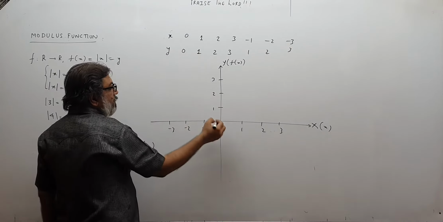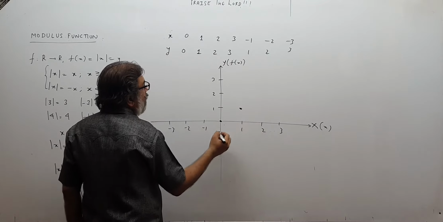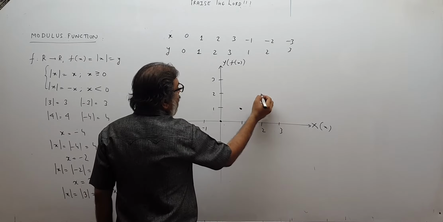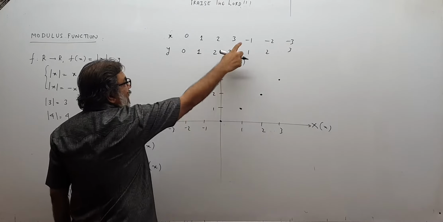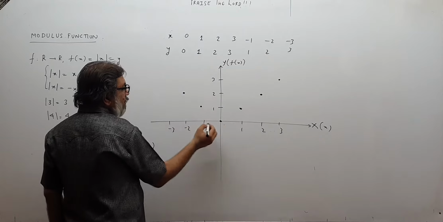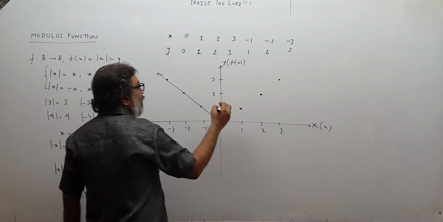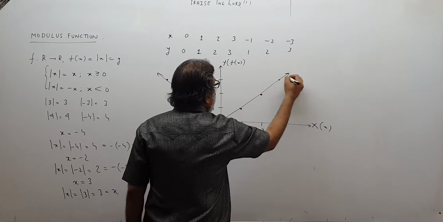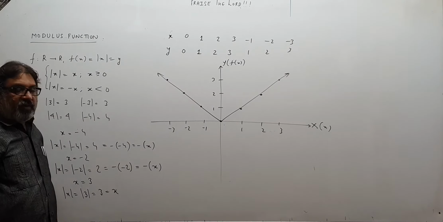See 0, 0; 1, 1; 2, 2; 3, 3; minus 1 and 1, minus 2 and 2, minus 3 and 3. This is the graph of the modulus function, f(x) equal to mod x. Please remember.